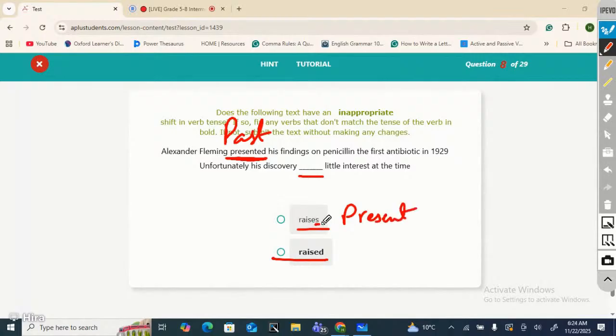You know, present tense verbs end in s, but raised is the past tense verb, and past tense verbs end in -ed. If one verb is in past tense, the other should also be in past tense. So raised. This is what we are talking about: inappropriate shifts in verb tense.